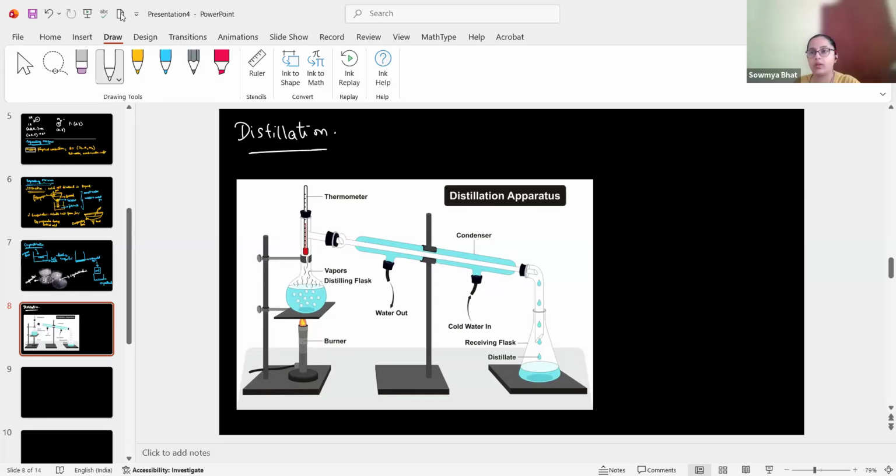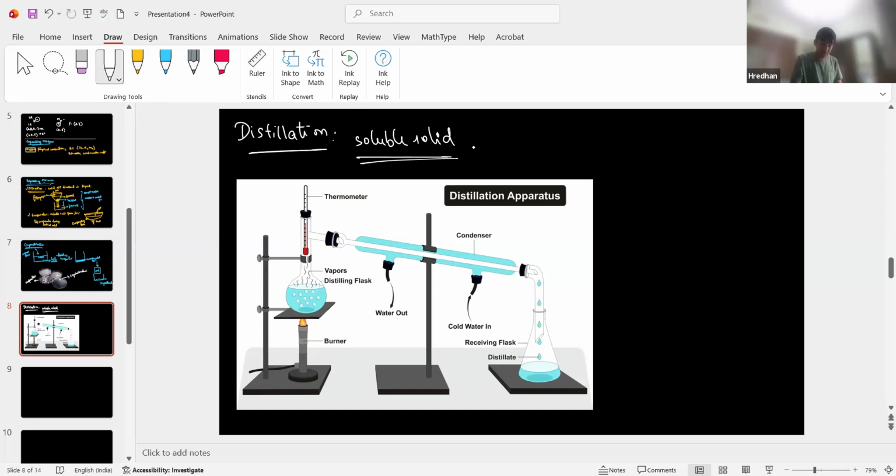Okay. So in distillation, you have a soluble solid in a liquid, or a mixture of two liquids.